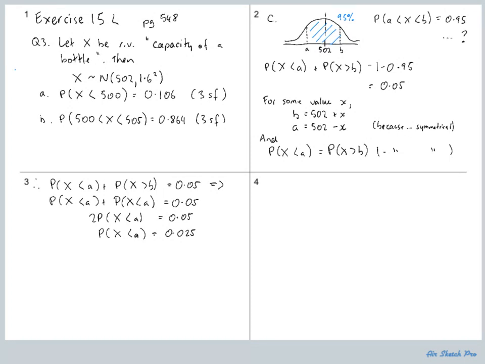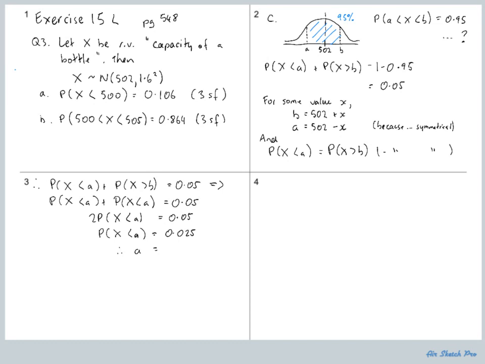Now we're going to use our calculator to work out that inverse, the inverse distribution function. So I'm going to go menu 5, 5, and then I'm going to do 3 for inverse normal. The area is 0.025.